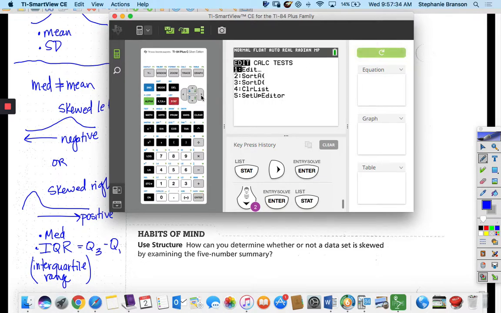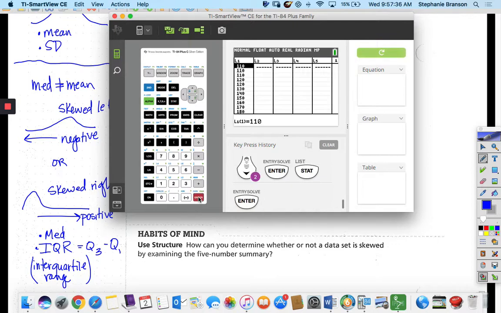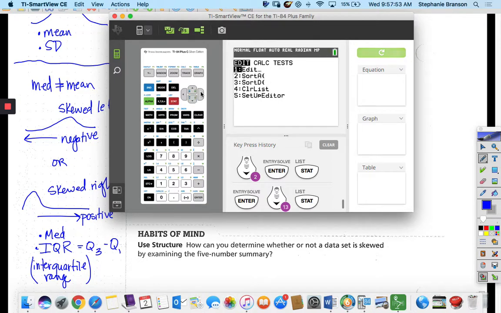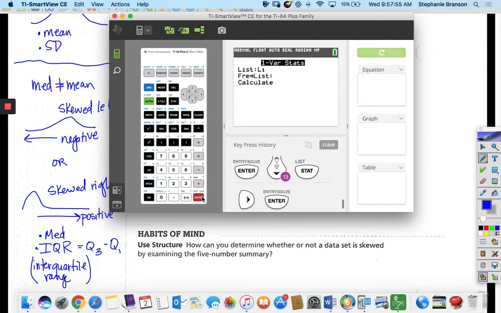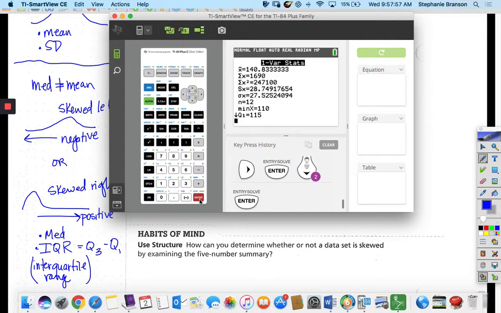Something's a little bit different. 110 3 times. 120 twice, 130 once, 140, 150, 160, 170, 180, 190. Okay. Thought I messed it up, I didn't. Alright, my mean is approximately 140.83.